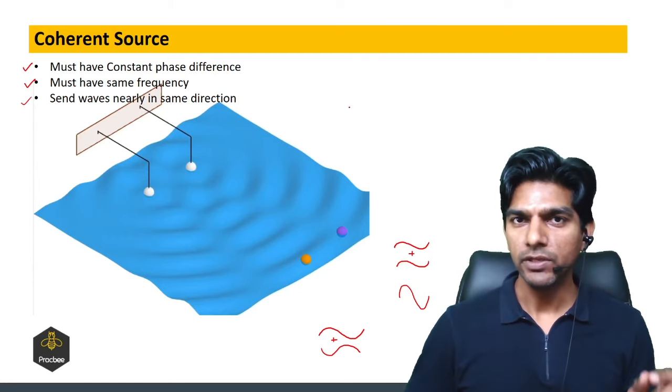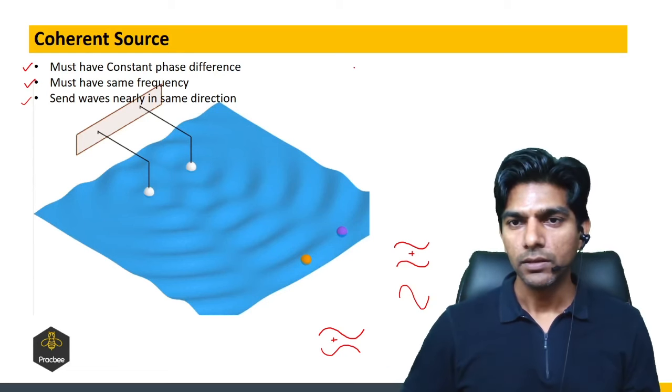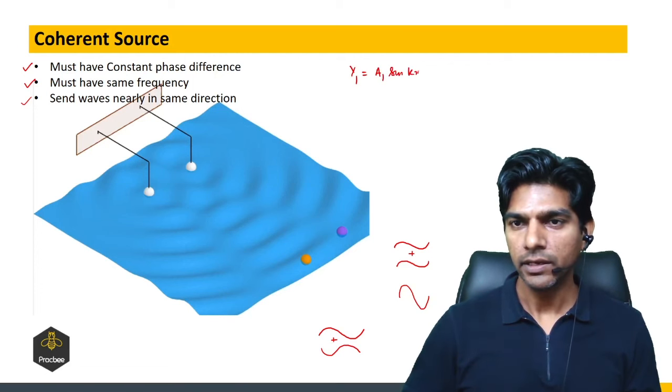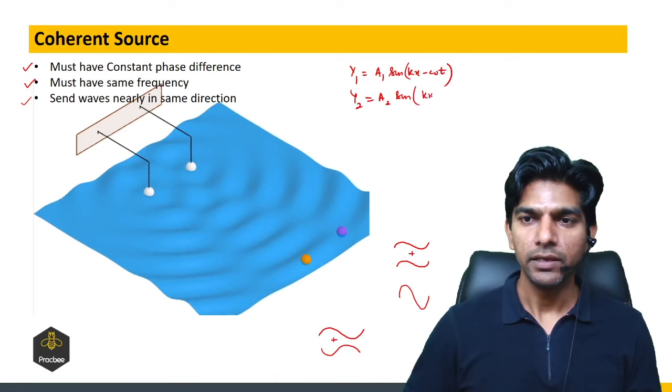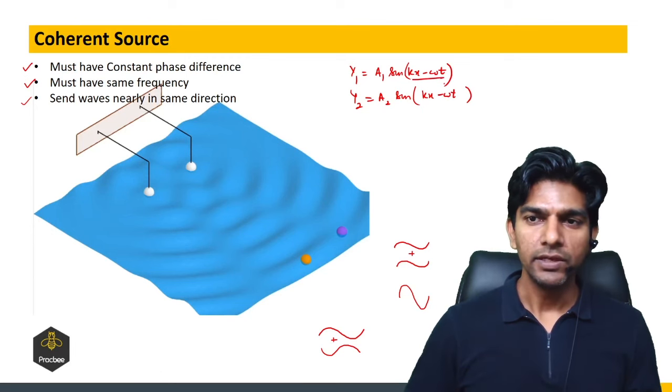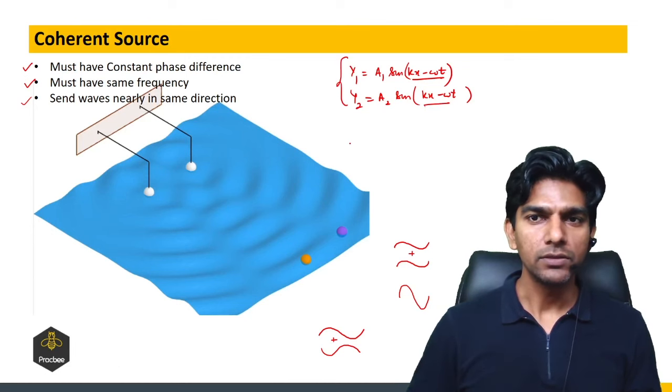Now let me give you an example of two waves produced by two sources. Say y1 is a1 sine(kx minus omega t), and let us say y2 is a2 sine(kx minus omega t). Now we can say the phase difference is zero. So this is one type of case of coherent sources.